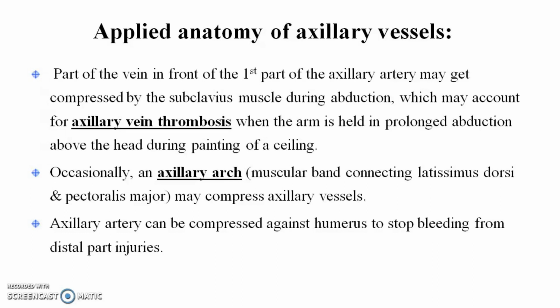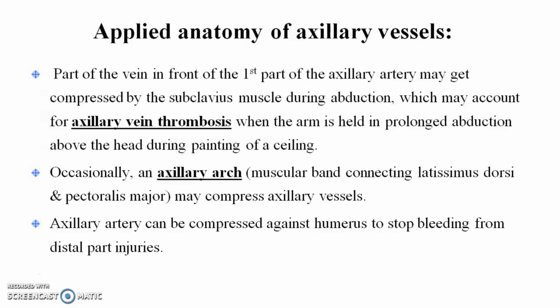This may account for axillary vein thrombosis. A clot will form. So axillary vein thrombosis is a condition where the subclavius muscle compresses the axillary vein, present in front of the first part of axillary artery, and when the arm is held in prolonged abduction above the head, that is during painting or sealing, this condition is most common to occur. So painters will have this condition in most cases.